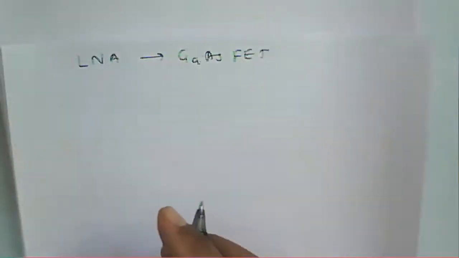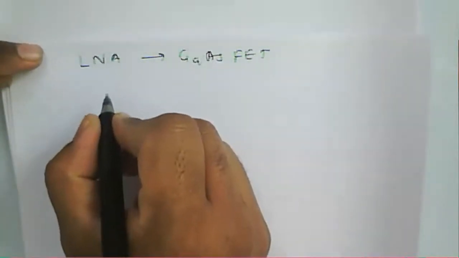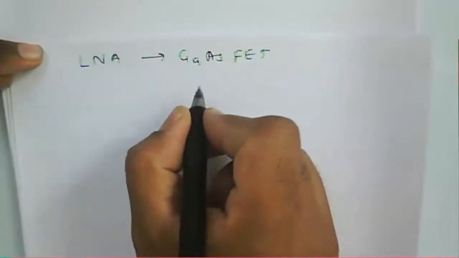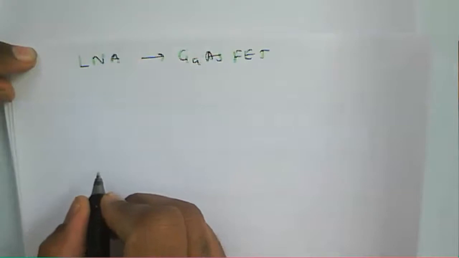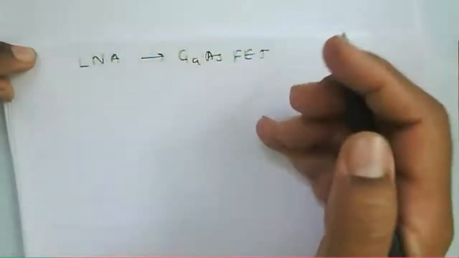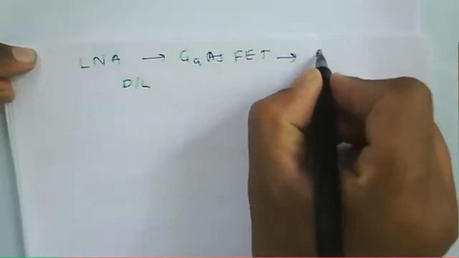Generally, for a low noise amplifier, the gain depends upon the noise temperature, because it is useful for the downlink, or it is used at a receiver.